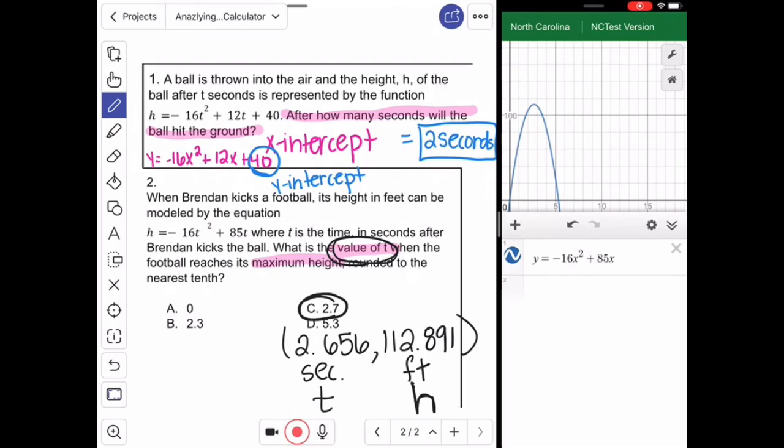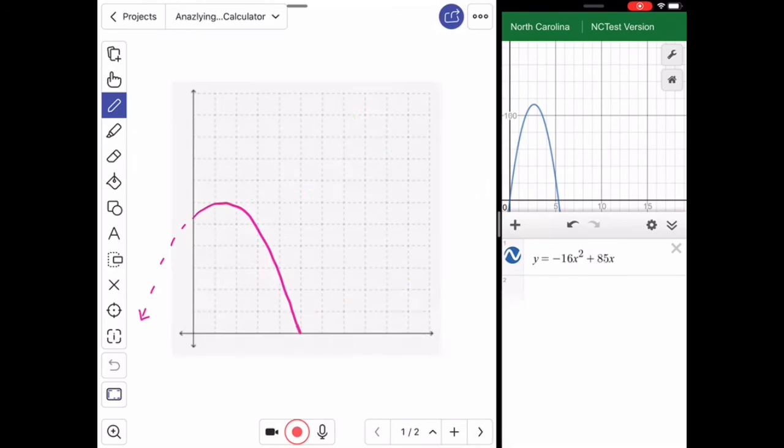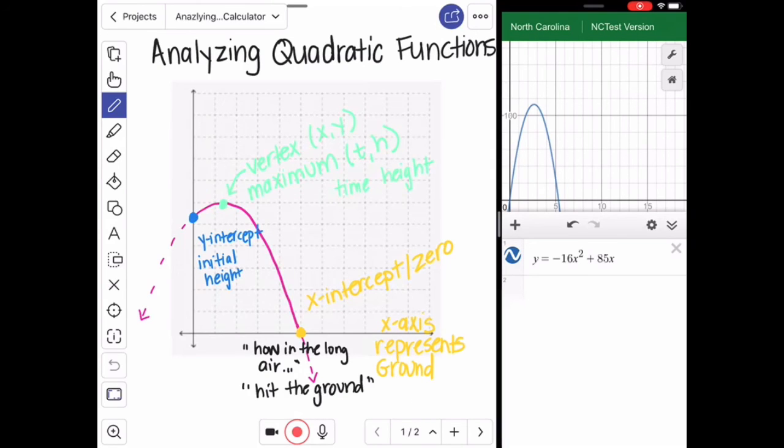So a few key things. I'm going to go back. When we're looking at our key features, we're always going to be looking at three main key features. We're going to be looking at the y-intercept for the initial value, the maximum, which is going to tell us the time and the maximum height, and then the x-intercept on the positive side, because that's going to tell us how long it took before it came back down.